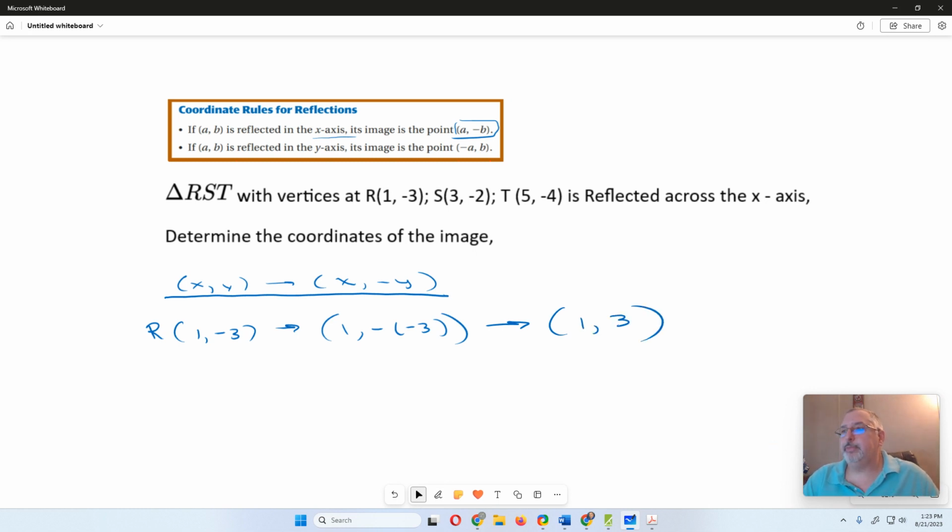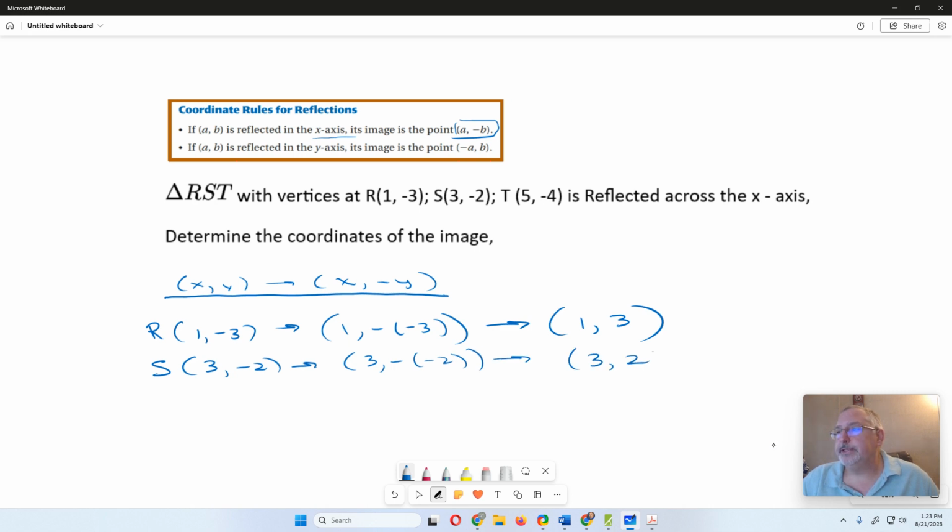And so we'll do the same thing for the other two points. S is at (3, -2), and we'll apply our rule. So we get 3 and then the opposite of -2, and that'll give us a new point at (3, 2).